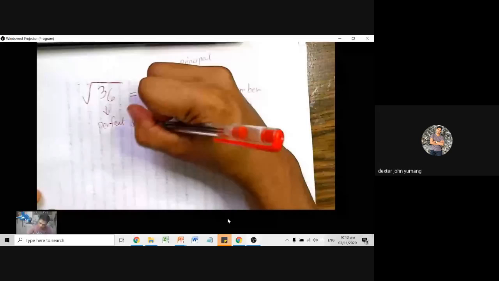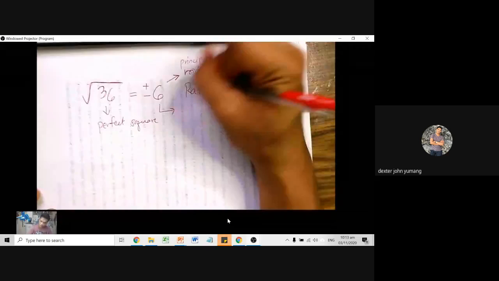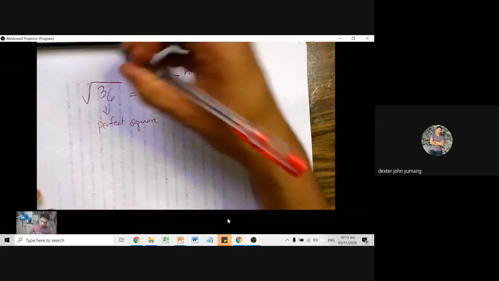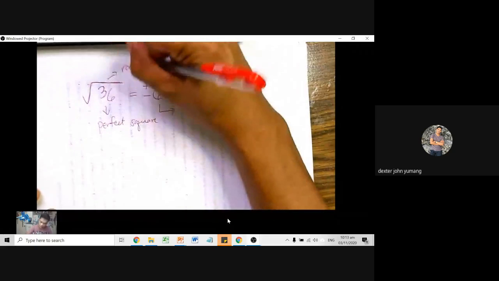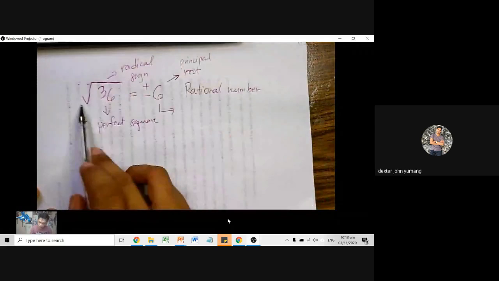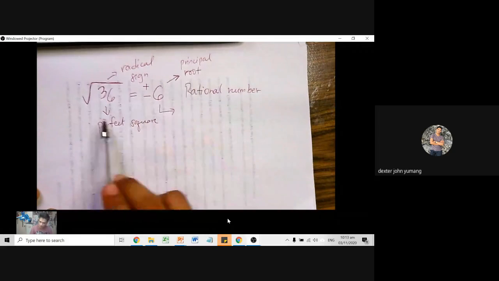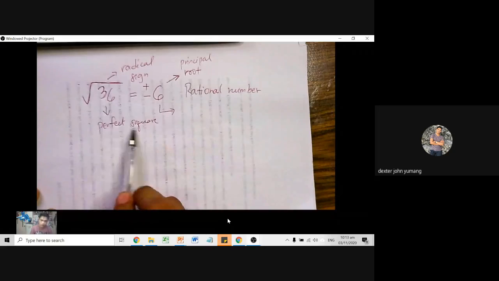Si 36 po is a perfect square. So, yung 6 po natin yung principal root. And this is what you call the radical sign. Ito po. Itong symbol, tawag niyan radical sign. Itong 6 is the principal root. Itong 36 is a perfect square. Perfect square po ang tawag dyan.